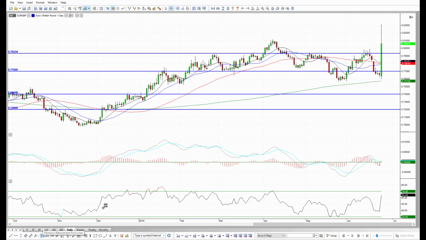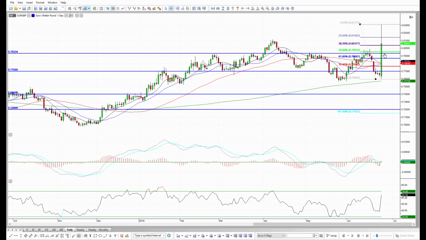Again, if we start to build our analysis here and see what else we've got clustering around this area, we can see that this level also coincides quite nicely with a straight 50% pullback of that move. So we've got a big move here. The market's made a new high.